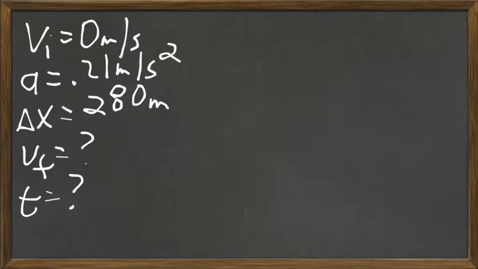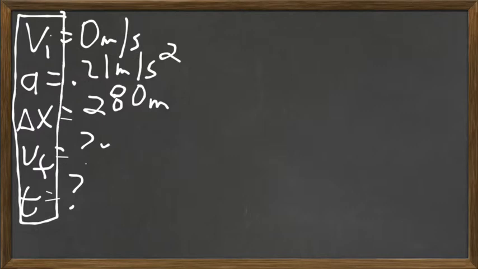Now, in this particular example, starting with final velocity, I always set up my problems this way. I always set them up with the variable equaling the value. This way, when I go to choose a formula, I have all these nice little letters staring me in the face.